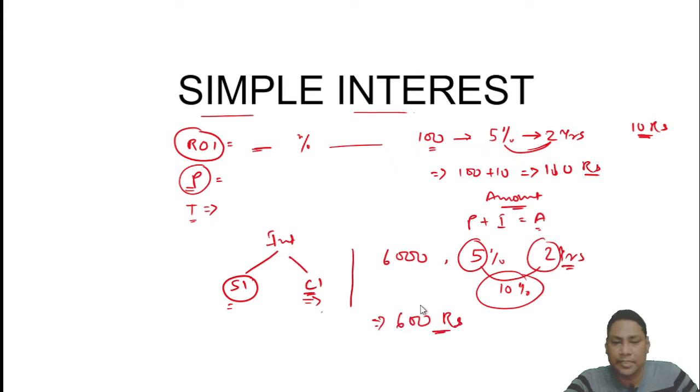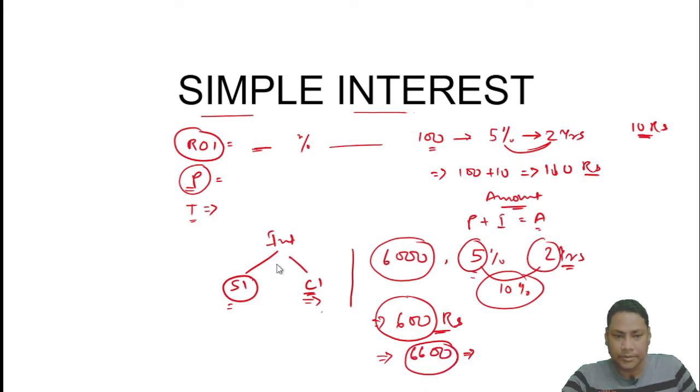Likewise we can calculate the amount of interest. He will have to return not only 600 but also the principal, that is 6,000. If he has invested in a bank, then he will get 6,000 plus 600, that is 6,600, as the total amount.